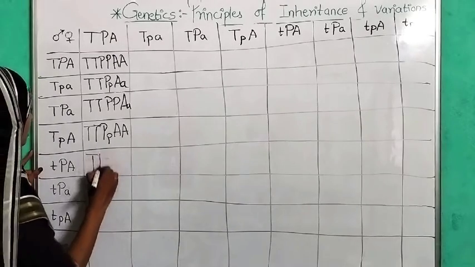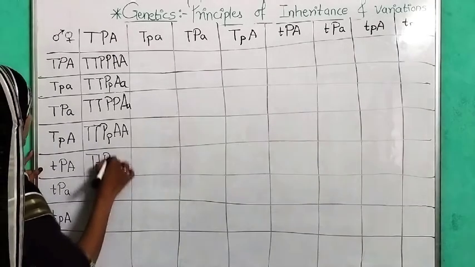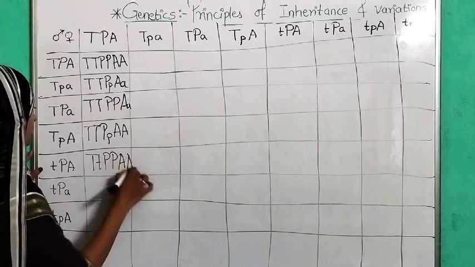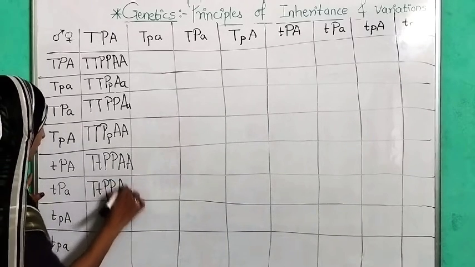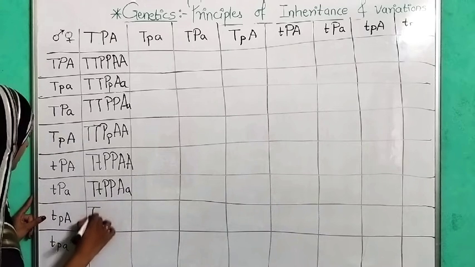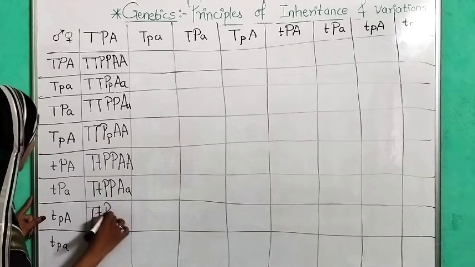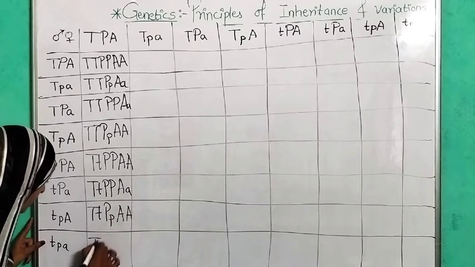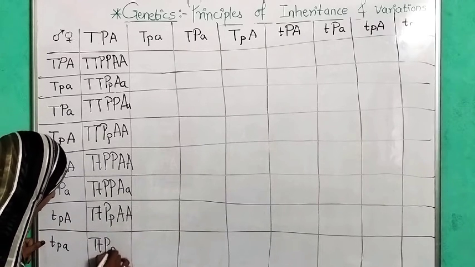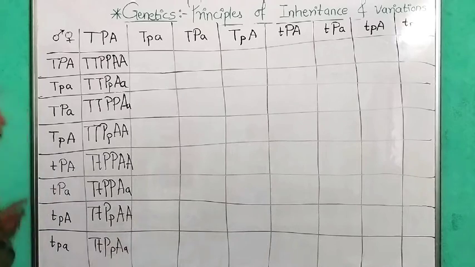Capital T small t, capital P capital P, capital A capital A. Capital T small t, capital P capital P, capital A small a. Capital T small t, capital P small p, capital A capital A. Capital T small t, capital P small p, capital A small a.